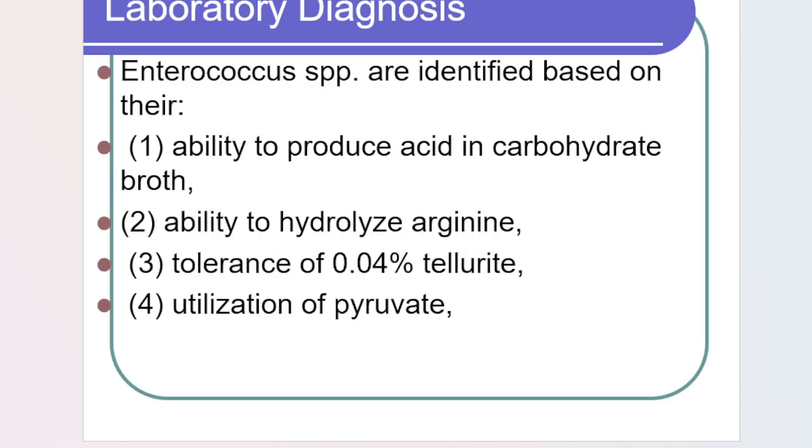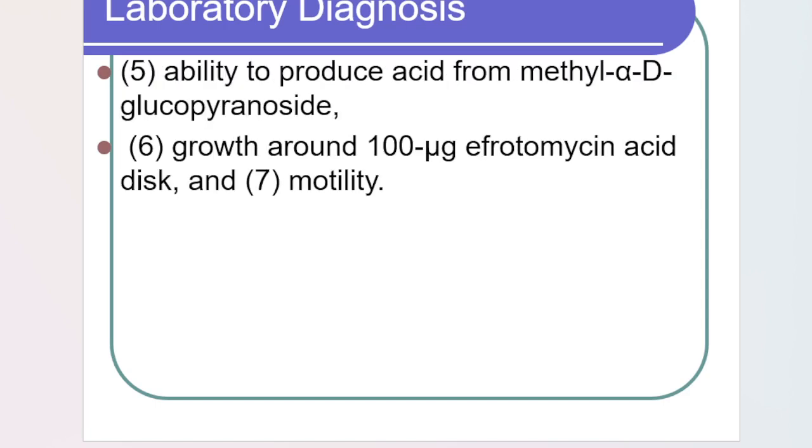Enterococci are identified based on, first, their ability to produce acid, so they are fermenters. They also hydrolyze arginine. They can grow in the presence of 0.04% tellurite. They utilize pyruvate, which is why they are PYR positive.